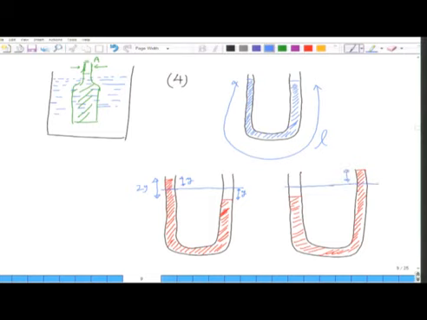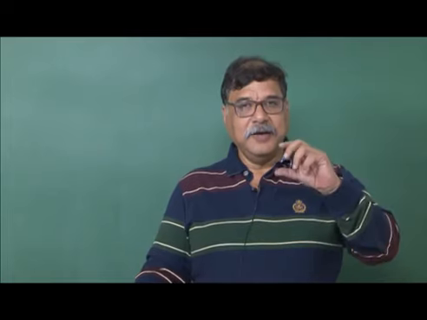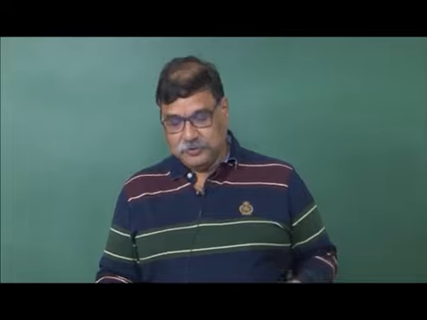This is y, this is also y. So, what happens now? This extra 2y height applies an extra pressure, and that pushes the liquid column down. As the height decreases, the pressure also goes down, and therefore, the force also goes down.